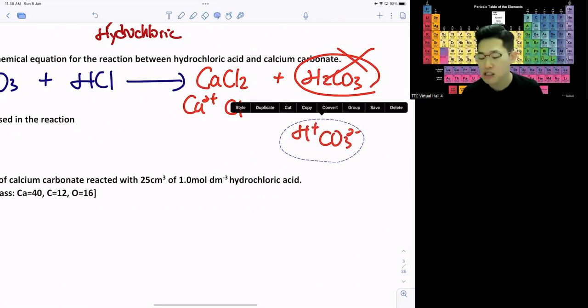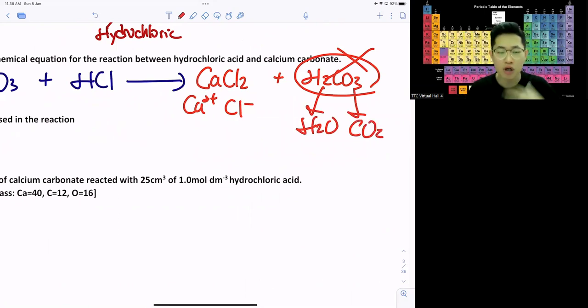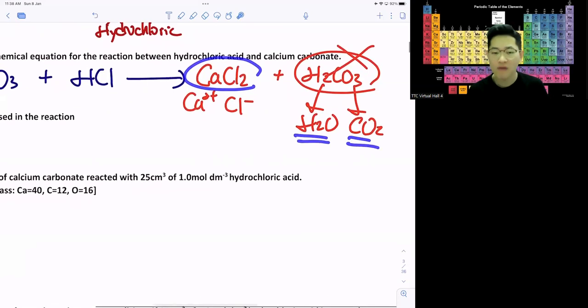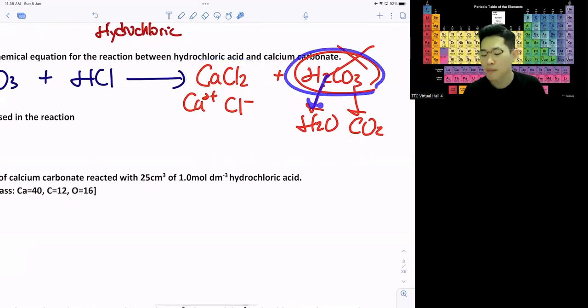Must remember to split it into H2O and CO2. Because I told you, our shortcut has a weakness: it is not able to predict reactions that come with 3 products. So what we have to do is remember specifically that H2CO3 must separate into H2O and CO2.